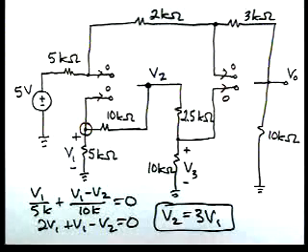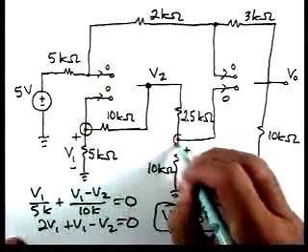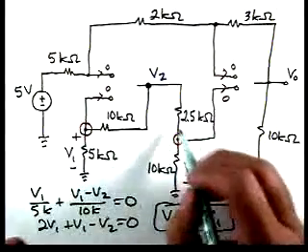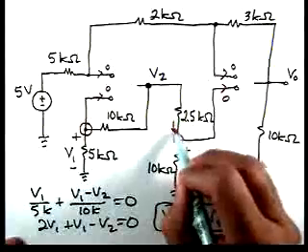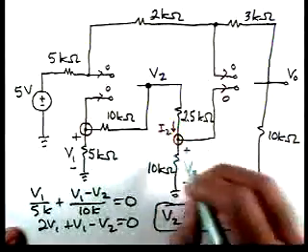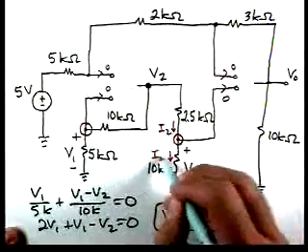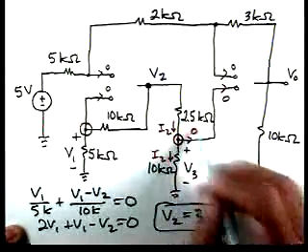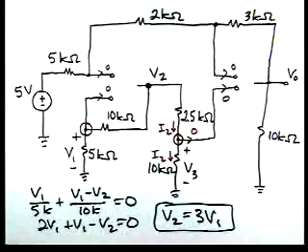Okay, also, if we look at this node, we can see the same current. If we call this current, for instance, I2, I2 also flows through here because this current is 0, so we can relate V3 to V2 by voltage division.